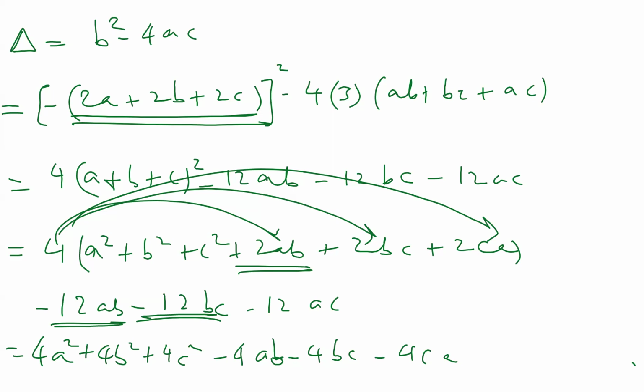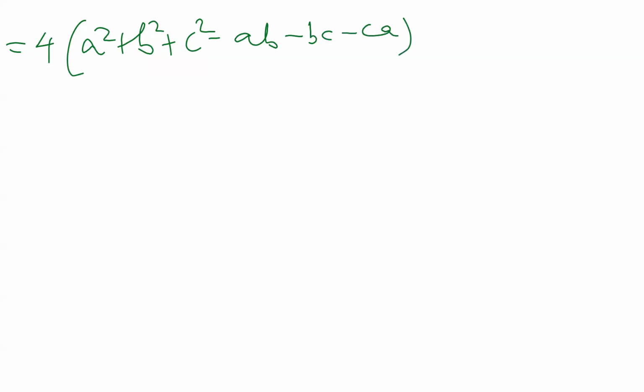What you can do is you can take 4 common over here. 4 a square plus b square plus c square minus ab minus bc minus ca. Okay.